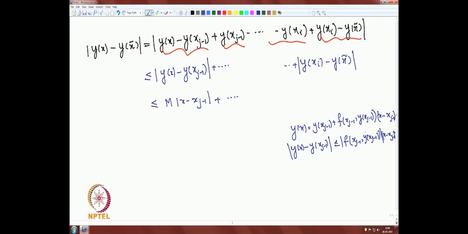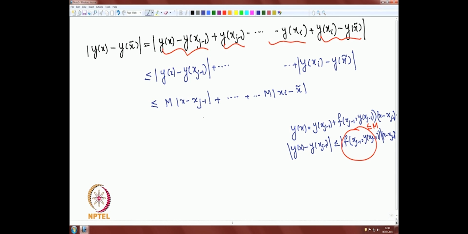And this quantity is bounded by m. So, therefore, the first term is less than or equal to m times x minus x j minus 1, and similarly the other terms come as a solution from each interval. You can compute it to get that this is also m times x i minus x tilde.